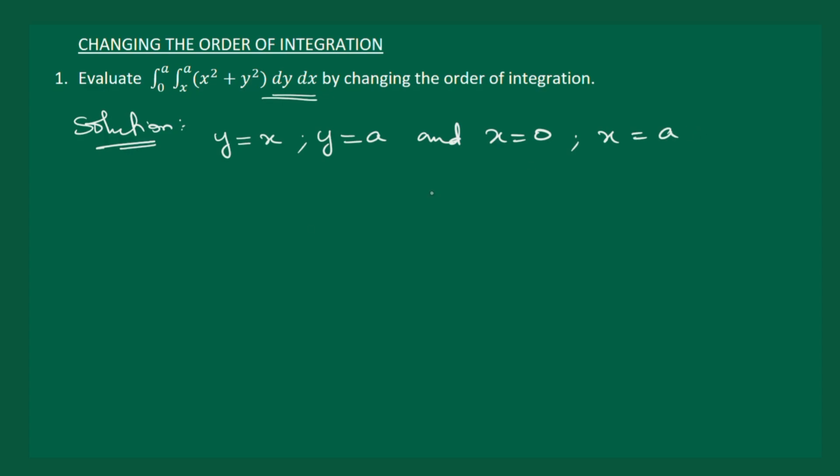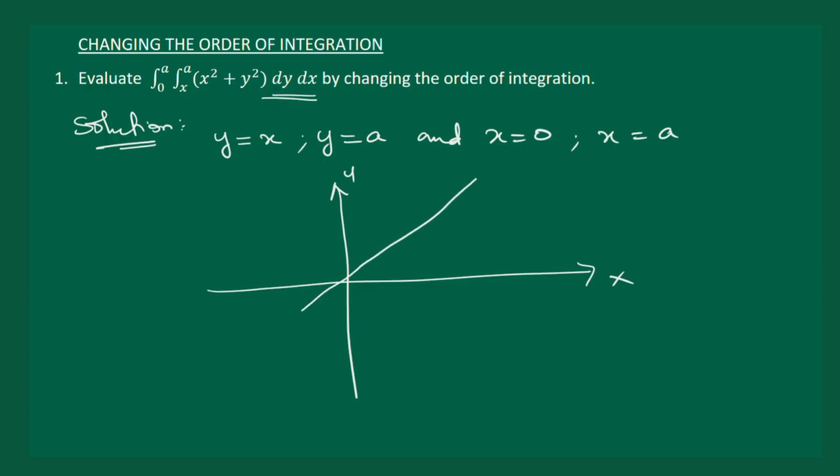Now we have to identify the region using these equations. First the line y equals x. How to draw the line y equals x? It is a straight line passing through the origin at an angle of 45 degrees. So this is the line y equals x.